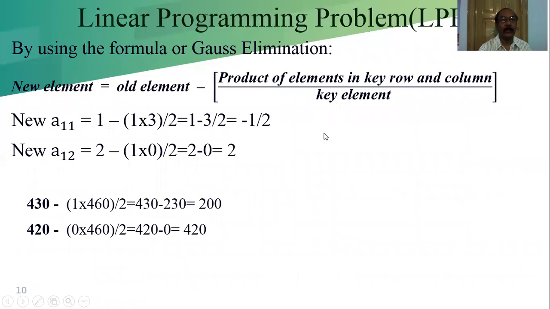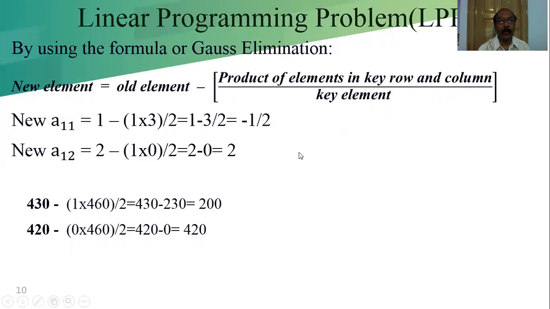This is the calculation. The new value for the next table is equal to the old value minus the corresponding element in the key column into the corresponding element in the key row, divided by the key element. We have to calculate this for the elements in the other rows, except the key row, and except the key column element.